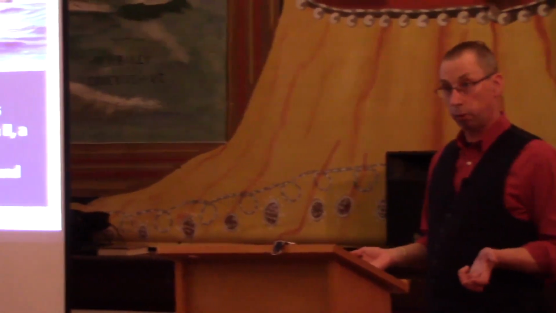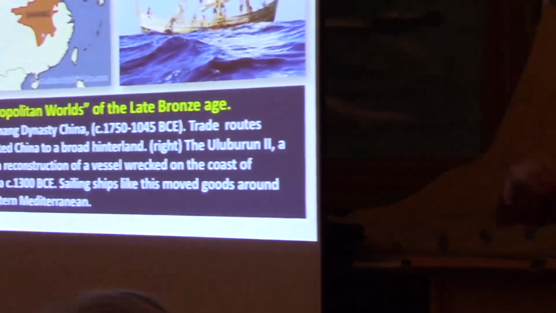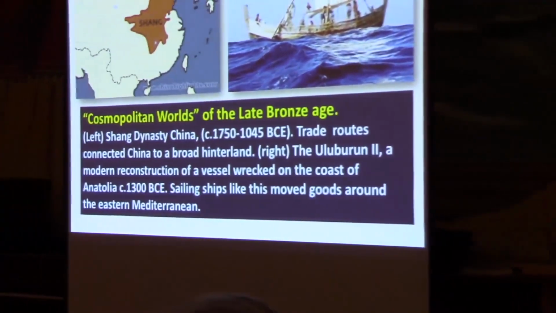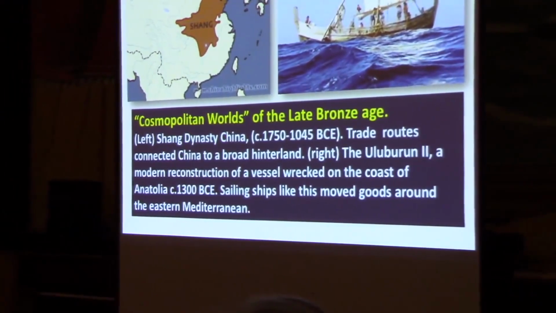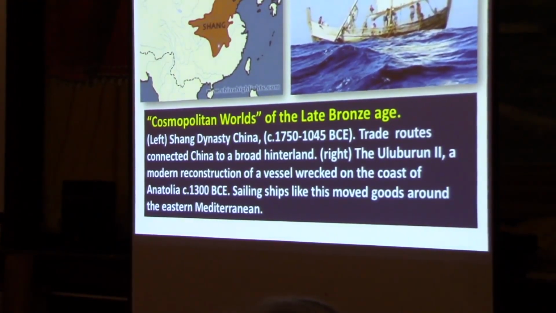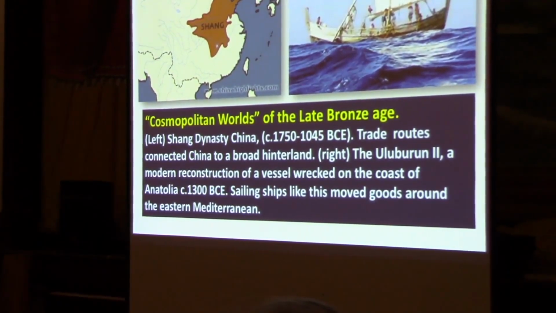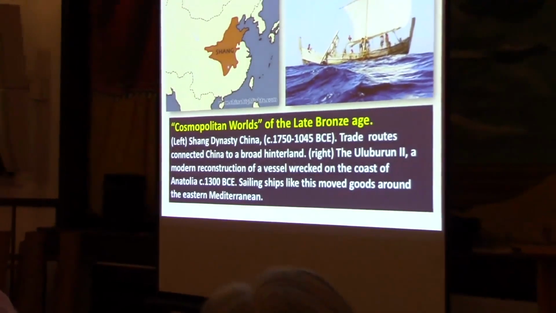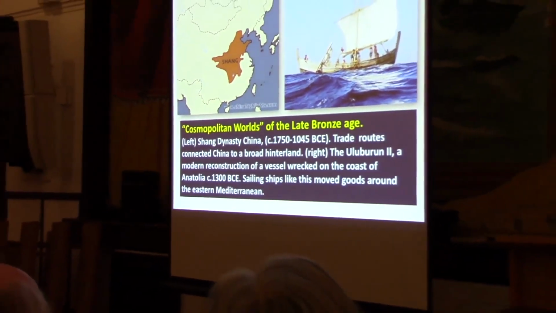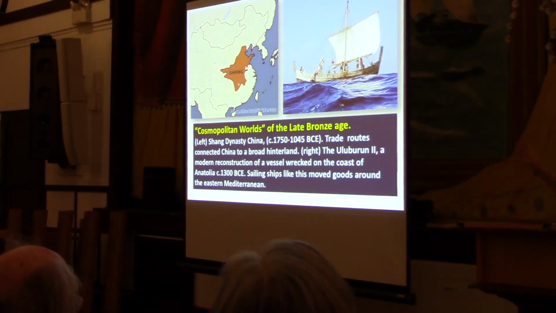Cosmopolitan worlds. In other words, these are not just discrete societies, these are societies that are trading to broader hinterlands. The Shang dynasty, the first Bronze Age Chinese dynasty, trading into the South China Sea, to Korea, into Manchuria, into Mongolia, land and sea trade in the Mediterranean.